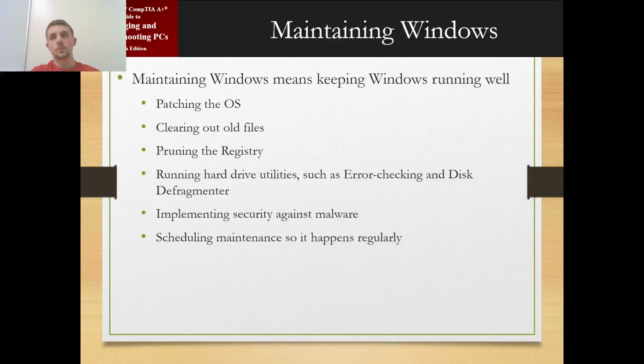And then running built-in utilities such as error checking, disk defragmenter. And another one is just cleaning. That one's nice. And then making sure that you have your virus definitions up to date.